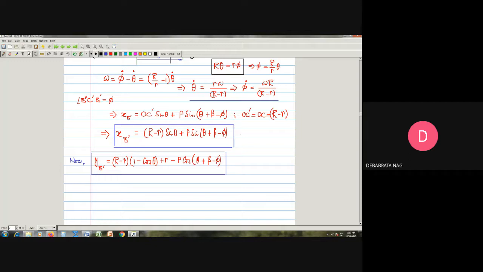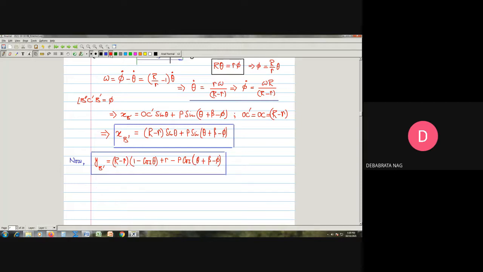Once we have these coordinates, we can differentiate them with respect to time in order to find the velocity of the point B dash. Since the point B dash has both x and y coordinates, it will have both components of velocity, along the x direction as well as along the y direction.